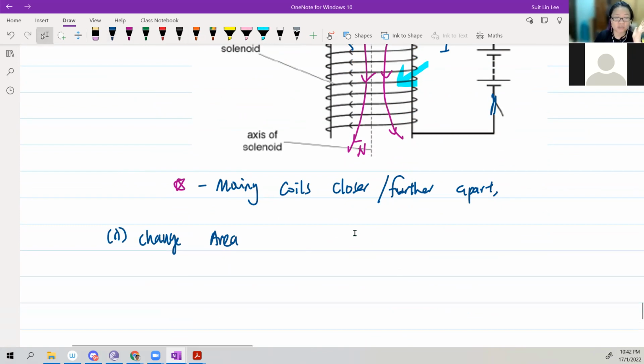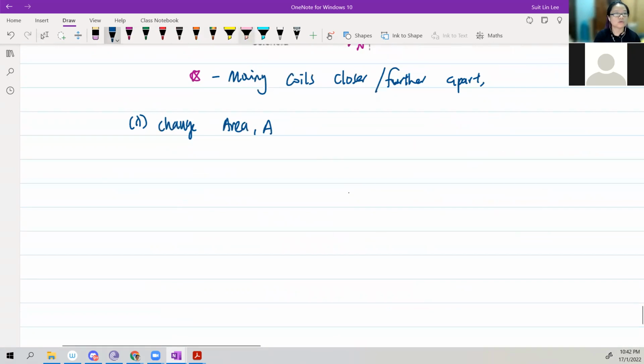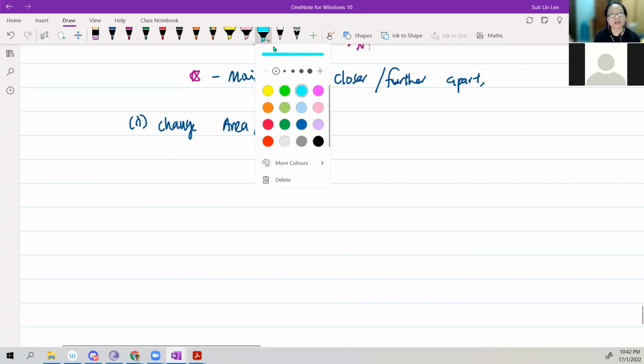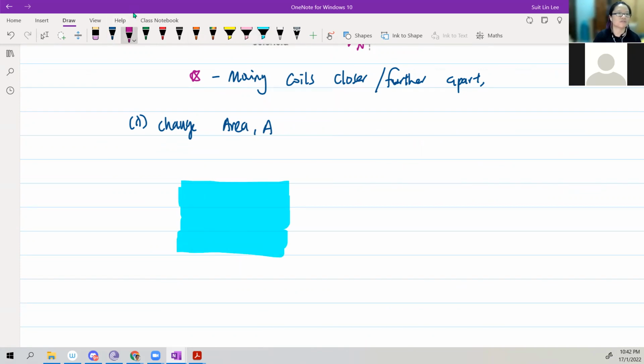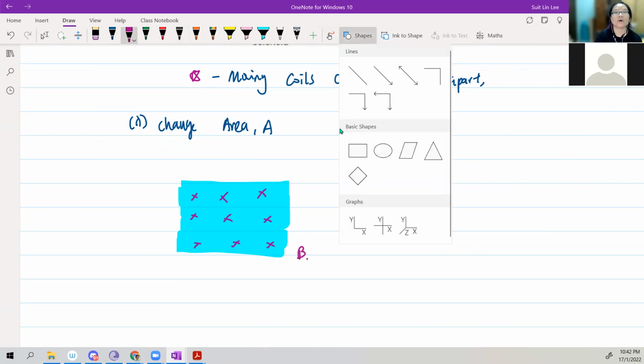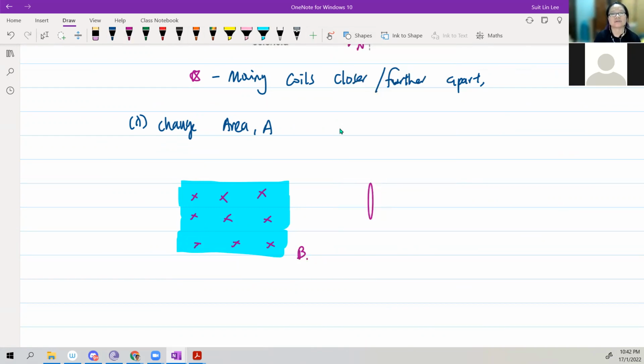And the easiest way to change the area A is to have a region of magnetic fields. Yeah, to make my life easy, I'm going to assume all the magnetic field is just pointing into the paper. Then I have a coil like this.